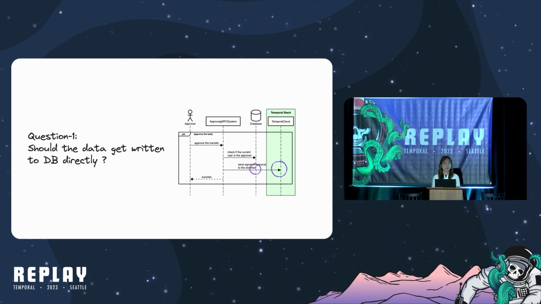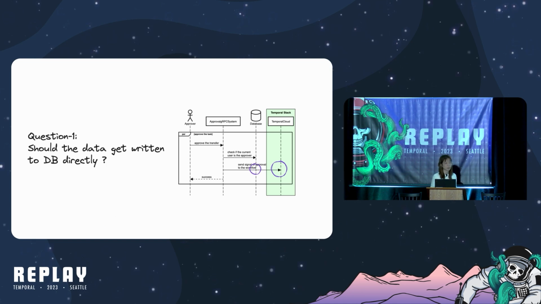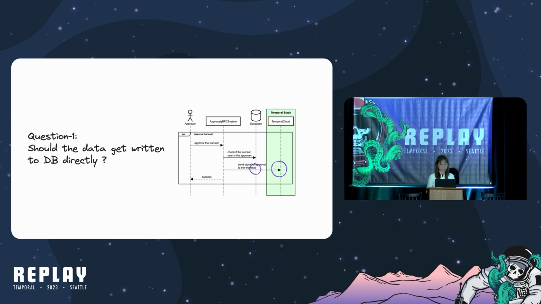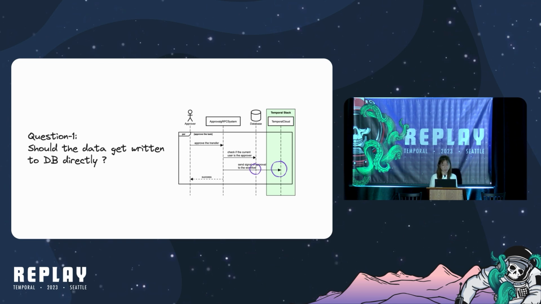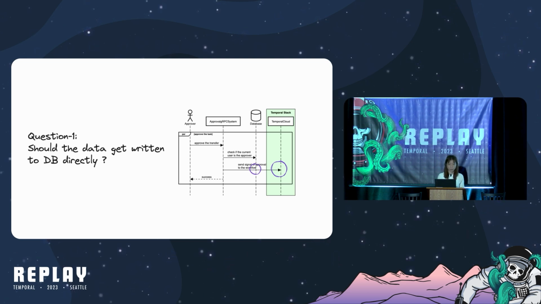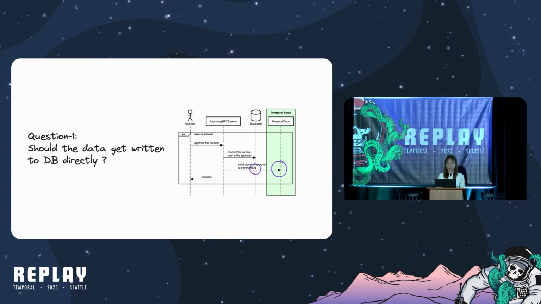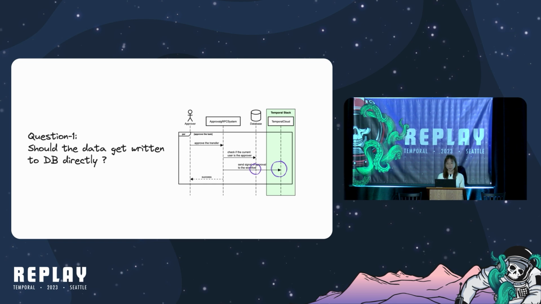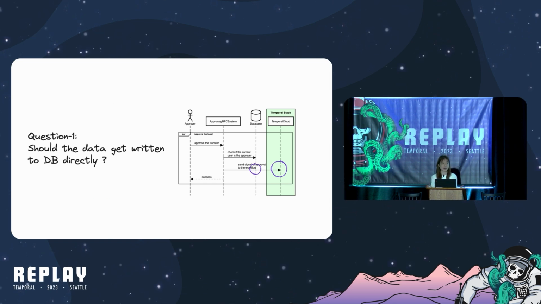It was a very popular question when we first shared our design with our team, and engineers noticed we bypassed the database and wrote to the Temporal cloud. This question was reasonable because if we had not used Temporal, we would have updated the database directly in our RPC handler. And this is common practice with traditional architecture, right?